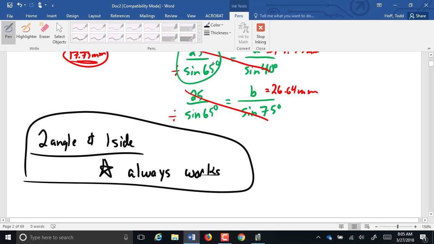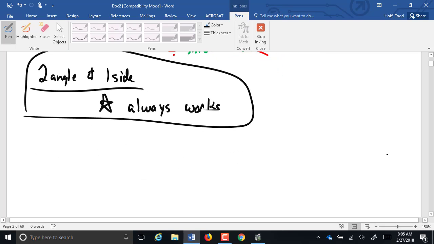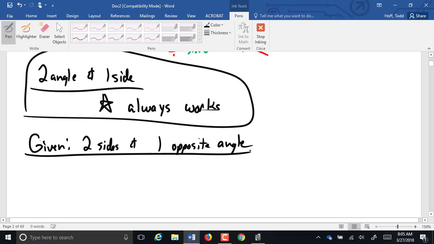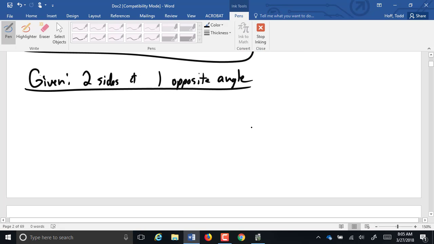So let's move on to our other cases. Two sides and an angle. So if we're given two sides and one opposite angle, let's say that's 80 degrees.